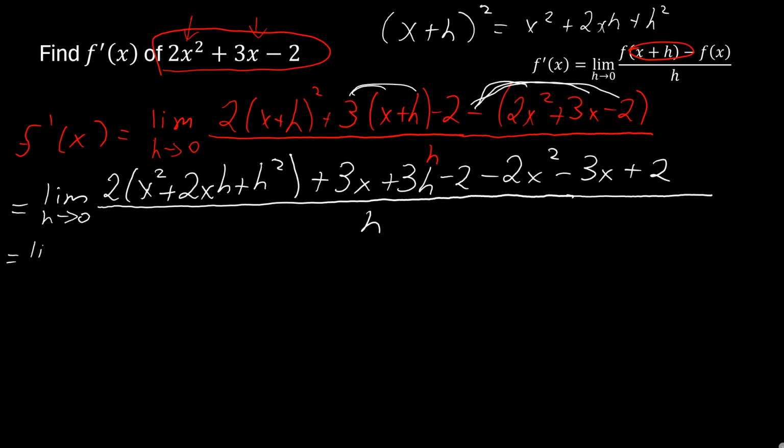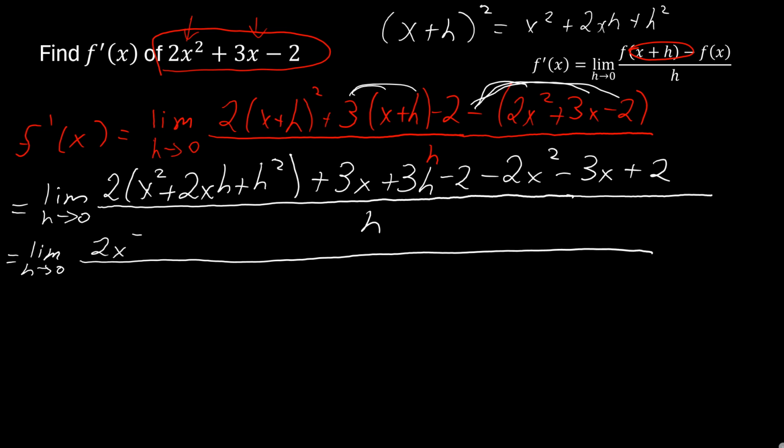So that would equal the limit as h approaches 0 of 2x squared plus 4xh plus 2h squared plus 3x plus 3h minus 2 minus 2x squared minus 3x plus 2, all over h.